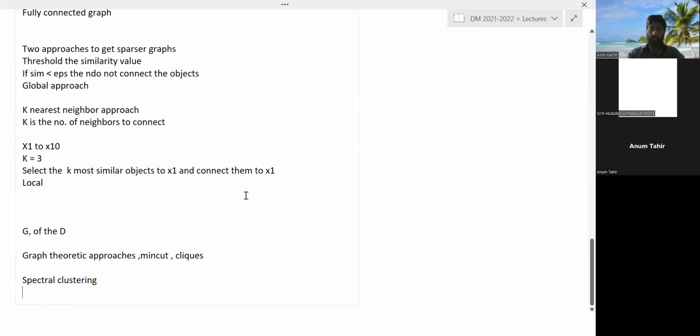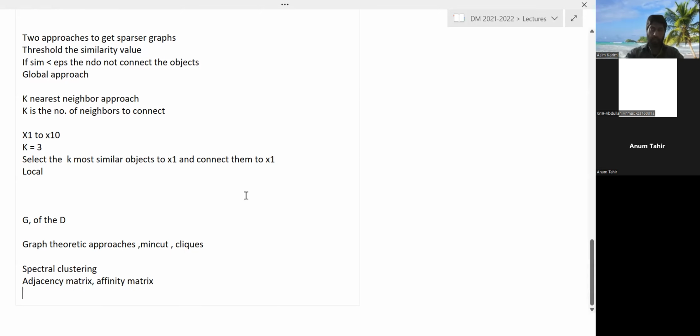We basically have an adjacency matrix, or sometimes affinity matrix. An affinity matrix is simply a similarity matrix, but in graph theory we call it an affinity matrix. And an adjacency matrix is a binary similarity matrix. Either there is a connection or there is no connection.